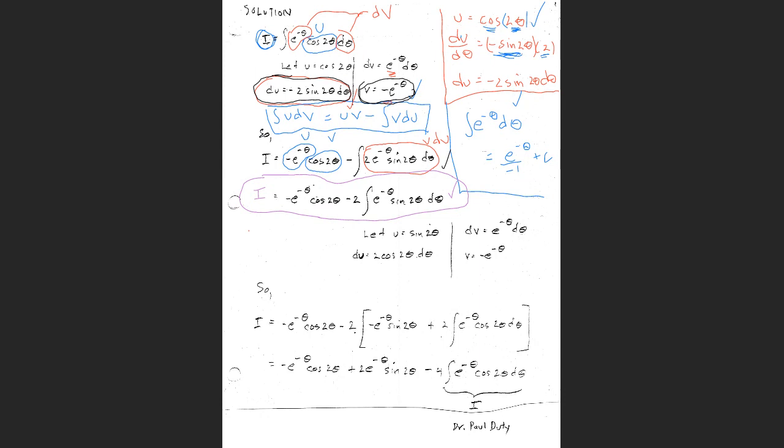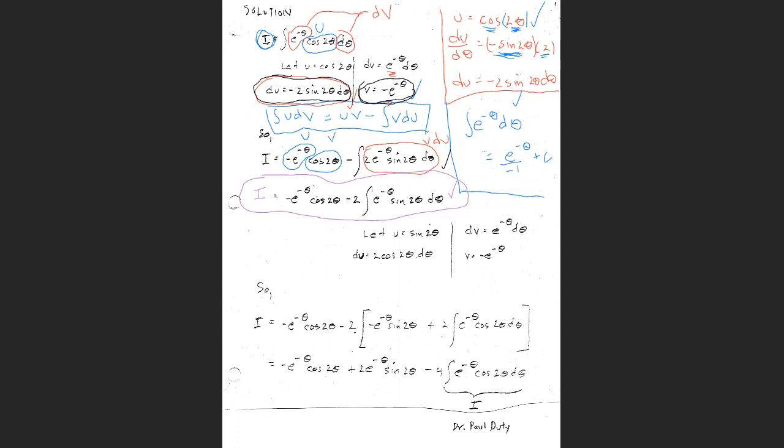Is that integral any harder than the one we started with? It's not any easier, but is it any harder? We don't want our new integral to be harder. It's about the same level of difficulty, right?